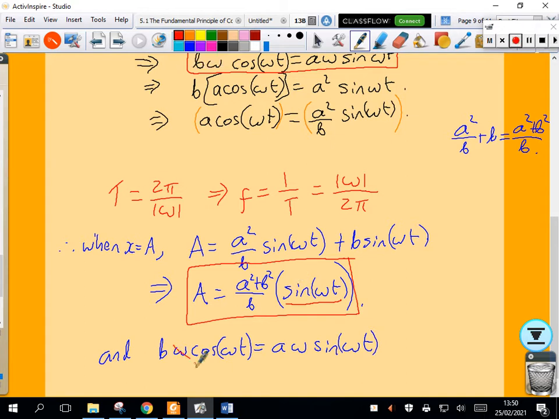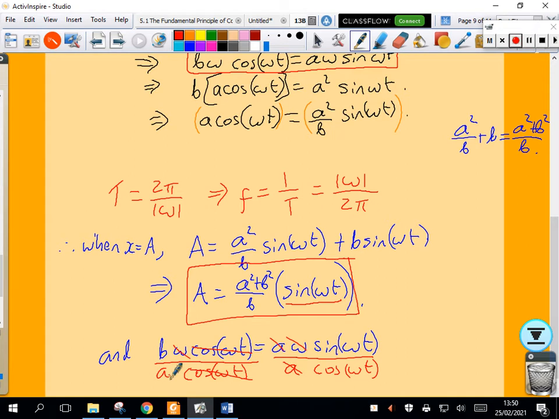I'm going to divide on both sides by omega. I'm also going to divide on both sides by cosine of omega t, which will cancel that on the left. And sine over cosine, remember, is tan. And I'm going to divide on both sides by a.